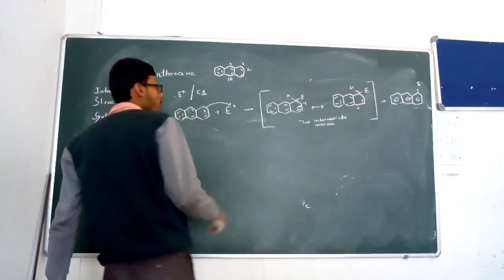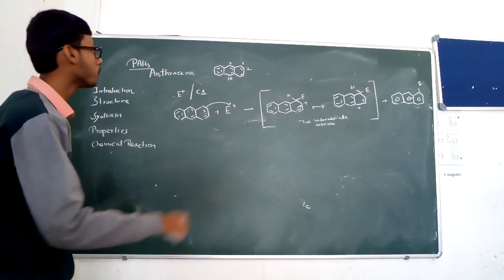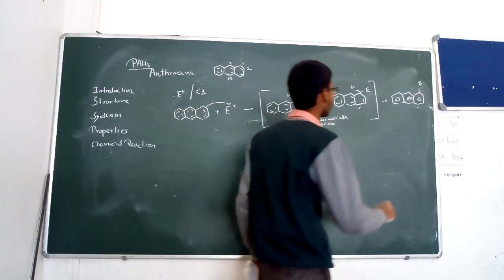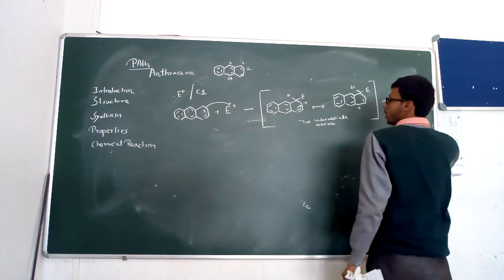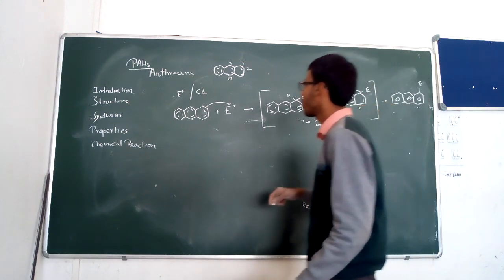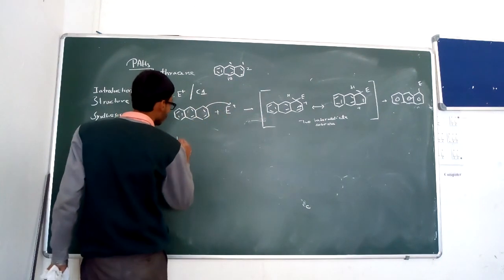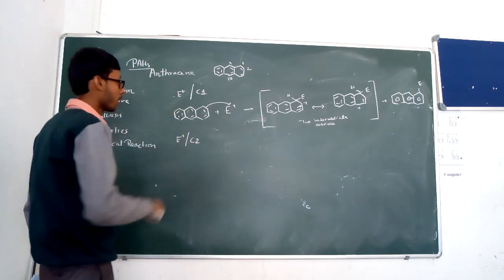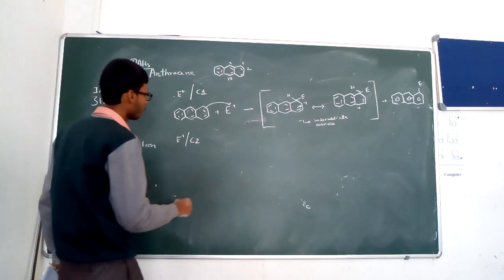An example of this reaction is sulfonation. Sulfonation is normally carried out with attack at the C1 position, and when I go to the C2 position, there is a similar attack of the electrophile.